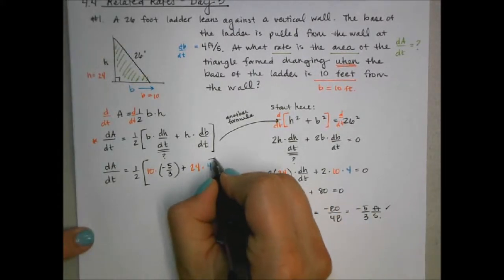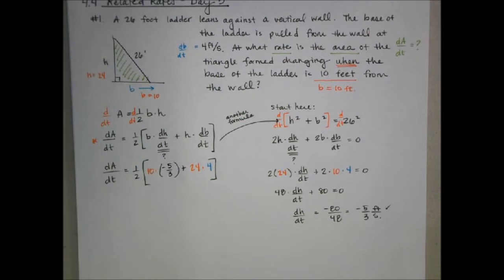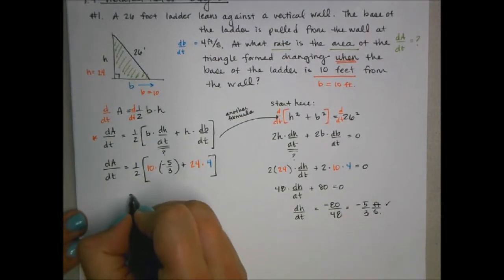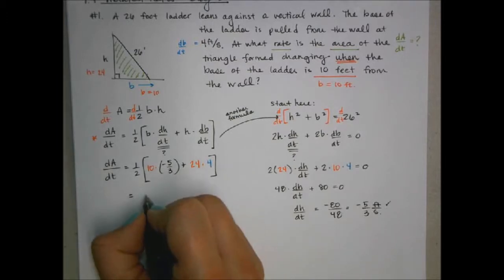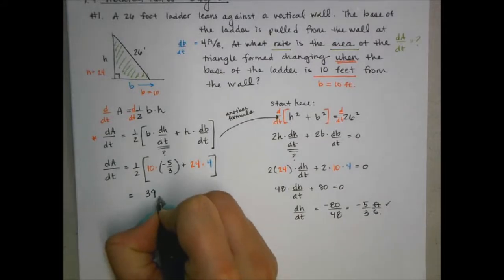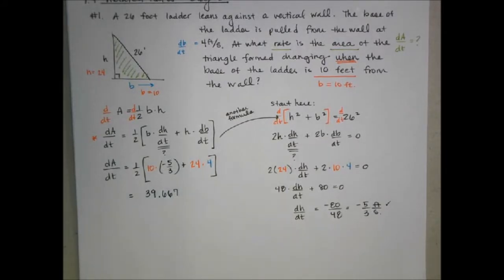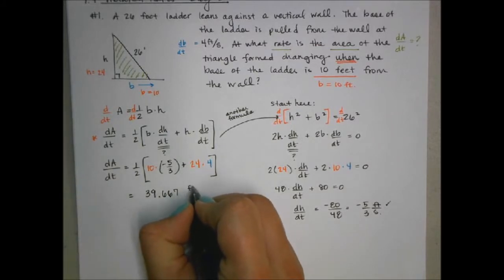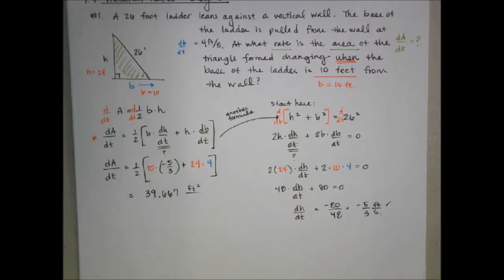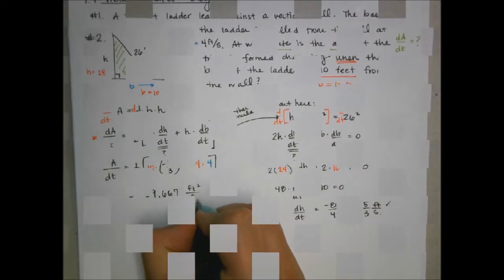All right. So from here, we're just going to simplify this. You can use your calculators, and it comes out to 39.667. And then I need my rate of change, my units, so area over time. So my lengths were all measured in feet, so area is measured in square feet, and time here was measured in seconds, so square feet per second.